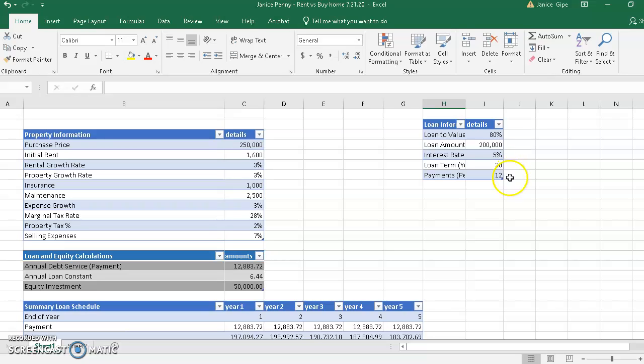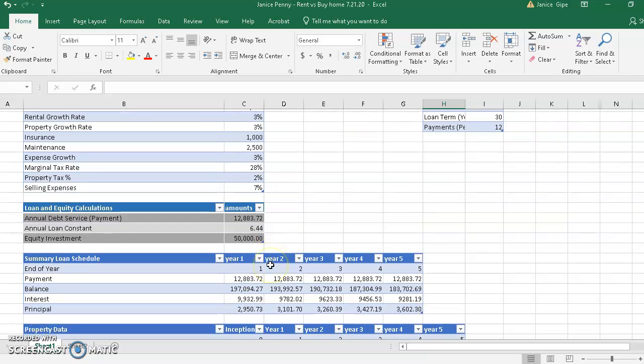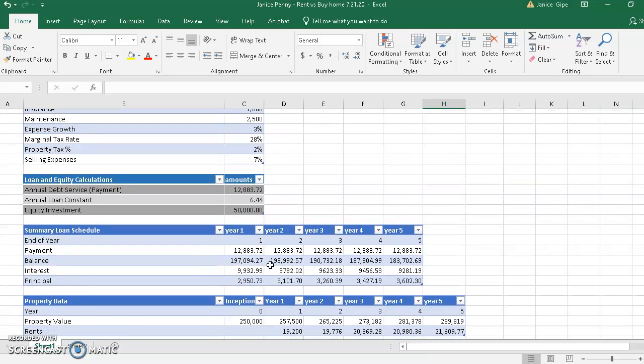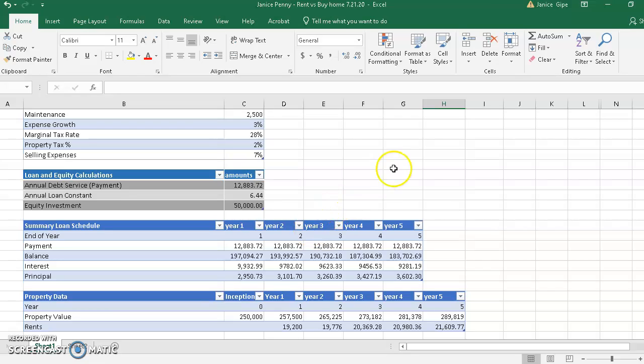I think that I'm saying that right. And that came out to be the actual, and then you calculate it to get your payment. And the payment was $12,883.72 per year.